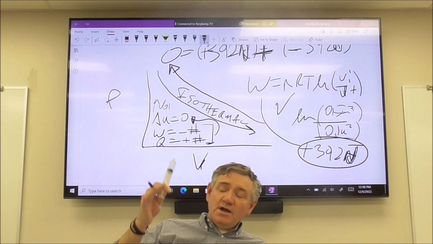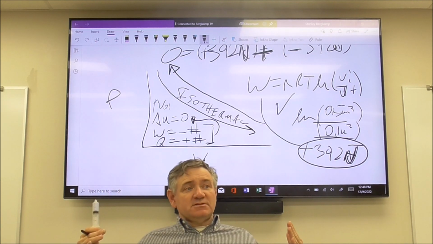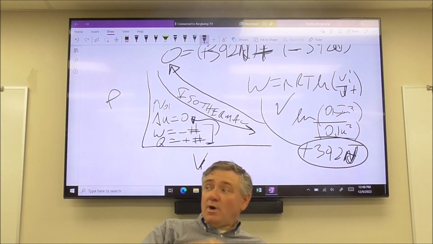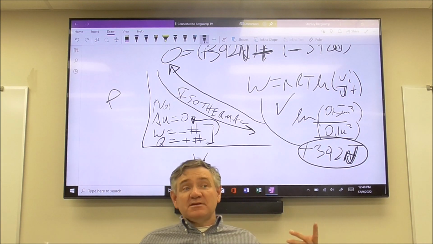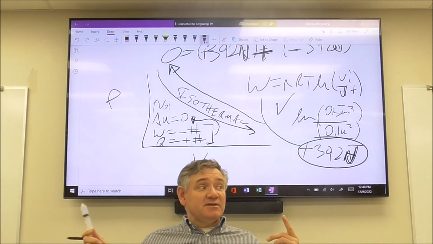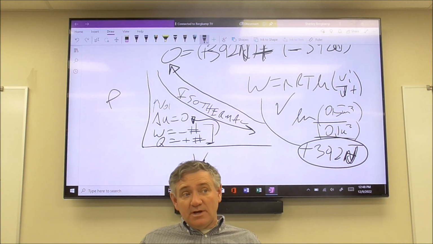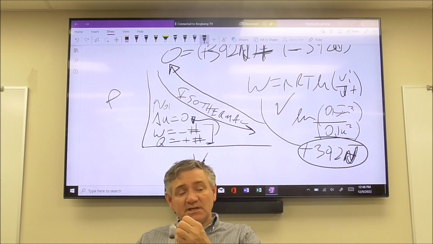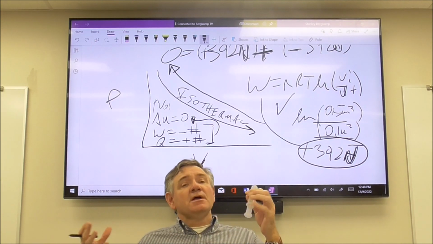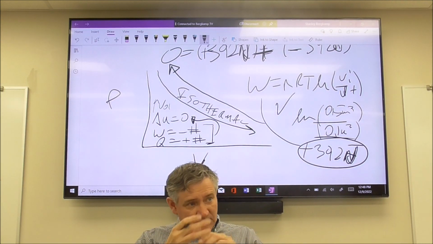So air at 32 degrees isn't so bad. You jump into water at 32 degrees, bad things are going to happen really, really rapidly, because that energy is going to flow out very, very rapidly. So if I put this in a cold water bath, what you would see is that you would see energy flowing out, and you would see the volume getting smaller.